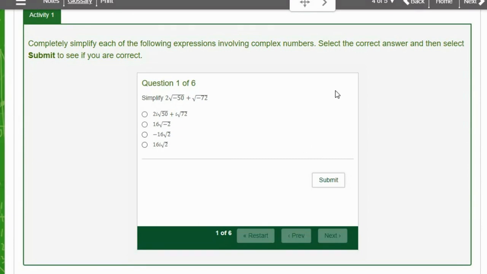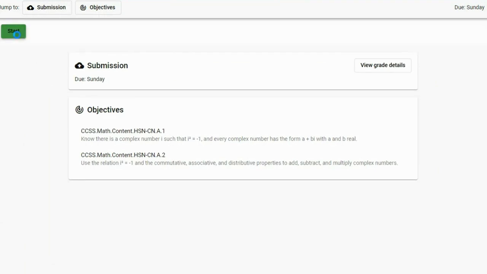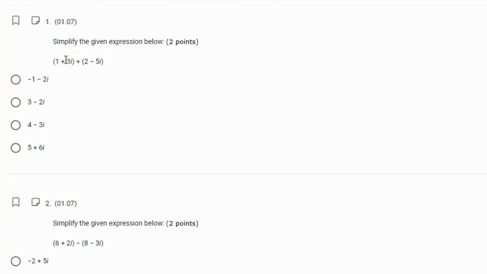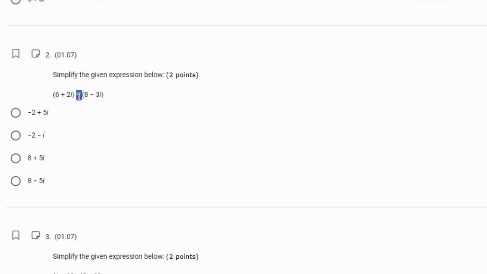All right. Let's look at the assignment that goes with the second one, and we'll be done. Simplify this expression. Adding. Real adds with real. Imaginary goes with imaginary. Here's the subtraction problem. Make sure you're subtracting the 8 and subtracting the negative 3i from its other parts.